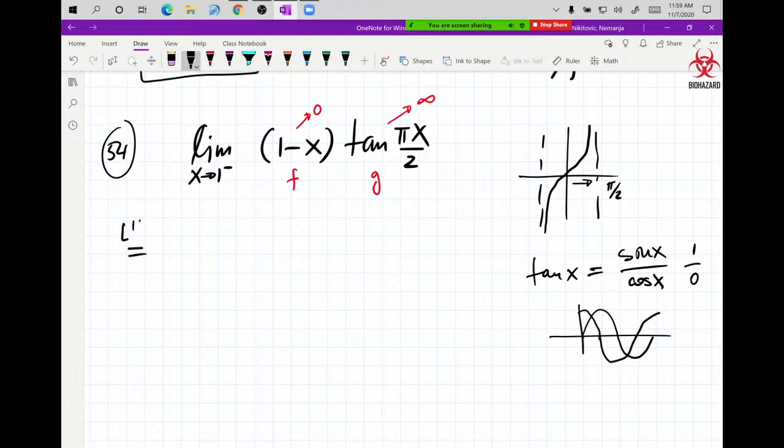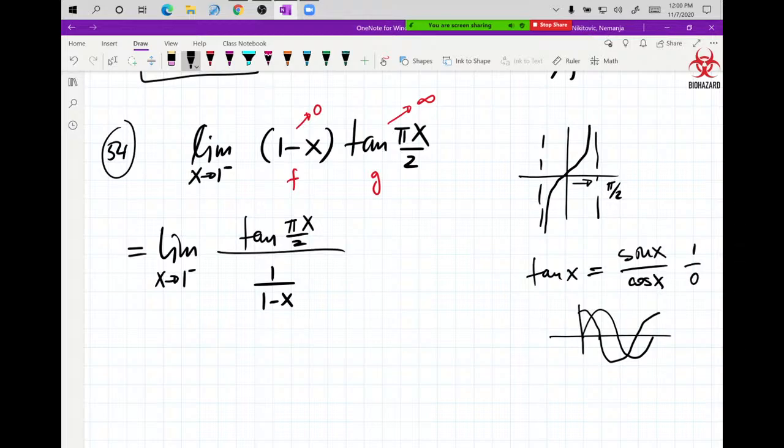So L'Hopital, no, sorry, not L'Hopital yet. Aha, this is algebra now. So we are going to leave the tangent of pi x over 2 on top and write this function on the bottom this way. And now we're supposed to differentiate and see what we get.